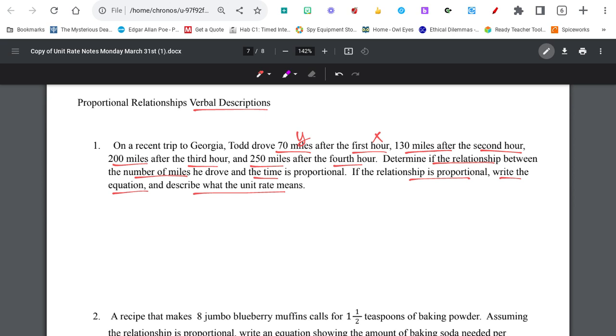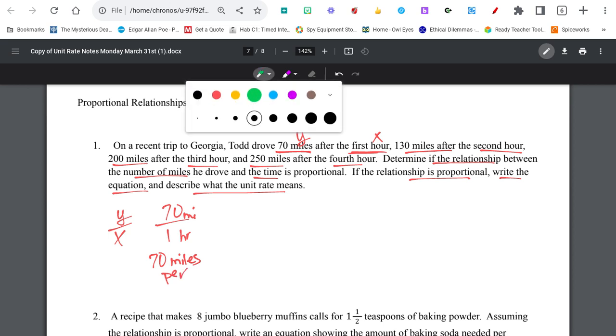So let's just see what the first hour was. Okay, 70 miles, I'm doing y divided by x. 70 miles divided by 1, which means his speed was 70 miles per hour, okay? It's just got to continue to be 70. Let's see.